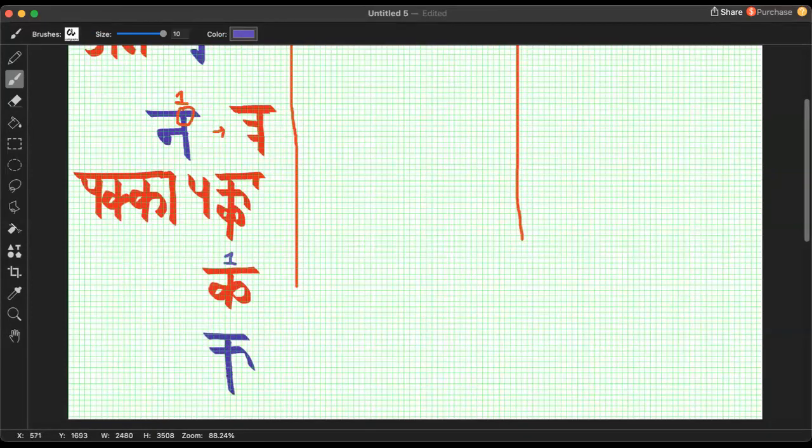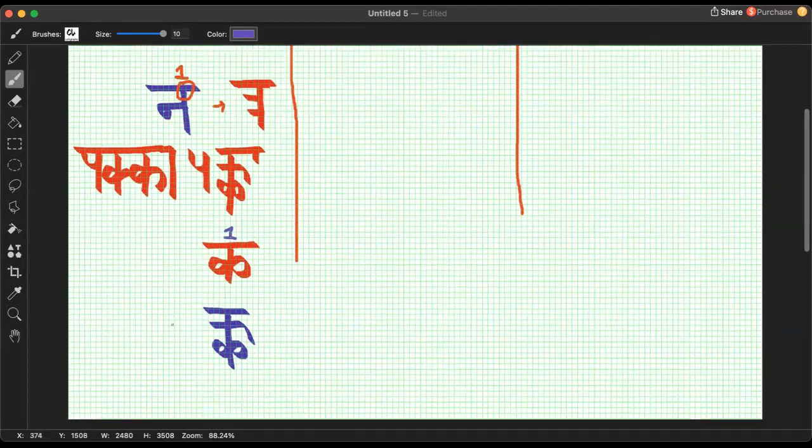Here, the Shiroreka on the top of this "ka" is using the same Shiroreka as the one above. So if the alphabet touches the Shiroreka only once, this rule will apply.